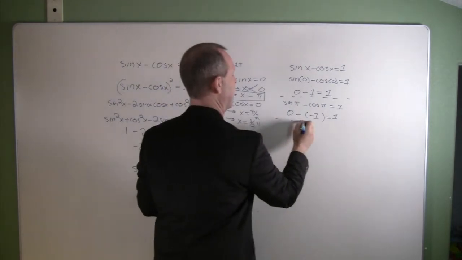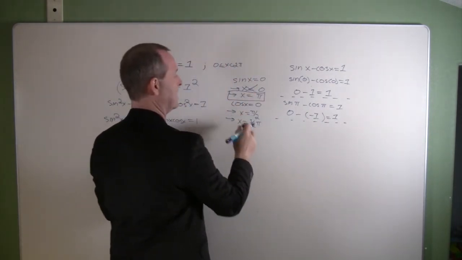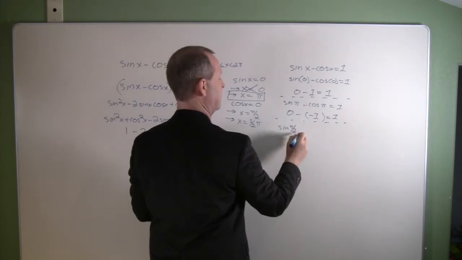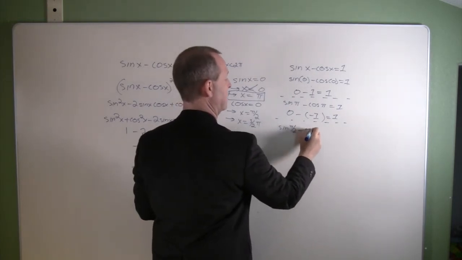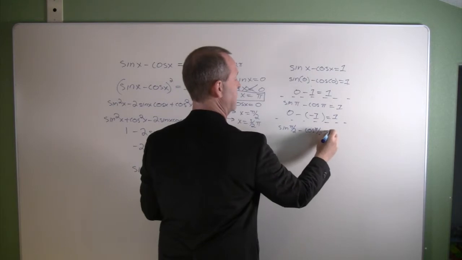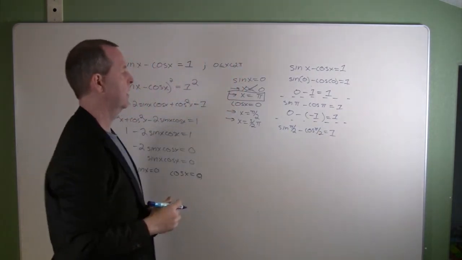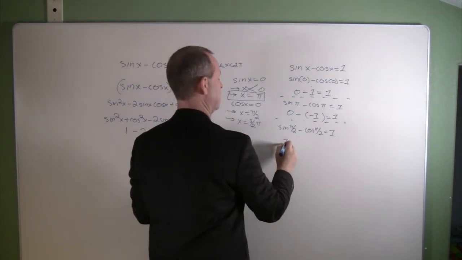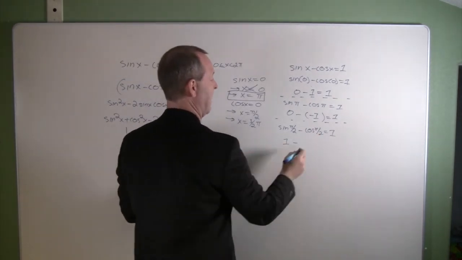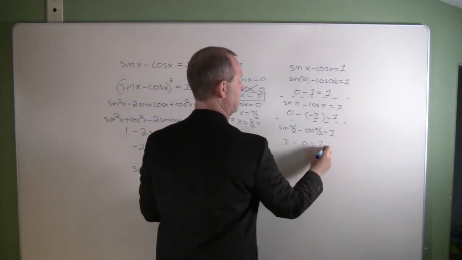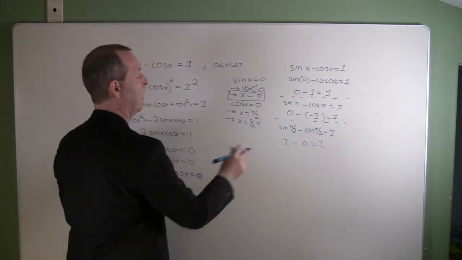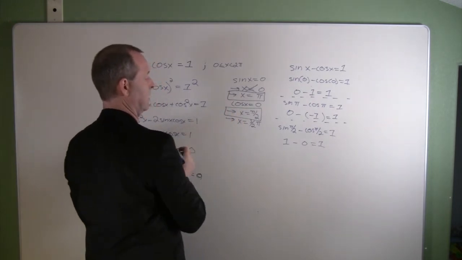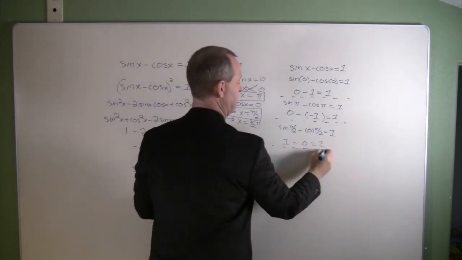Let's keep testing these. Let's try x equals pi halves. So sine of pi halves minus the cosine of pi halves. Does that equal 1? Sine of pi halves was a 1. Cosine of pi halves is a 0. 1 minus 0 equals 1, so that is true. So there's a solution. And let's try the last one.